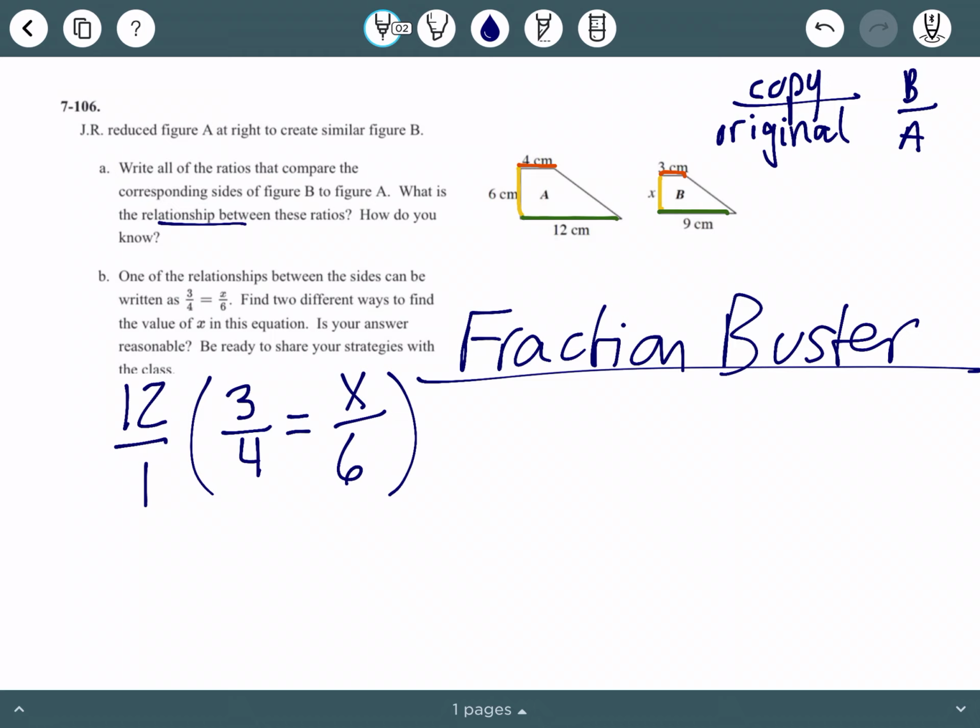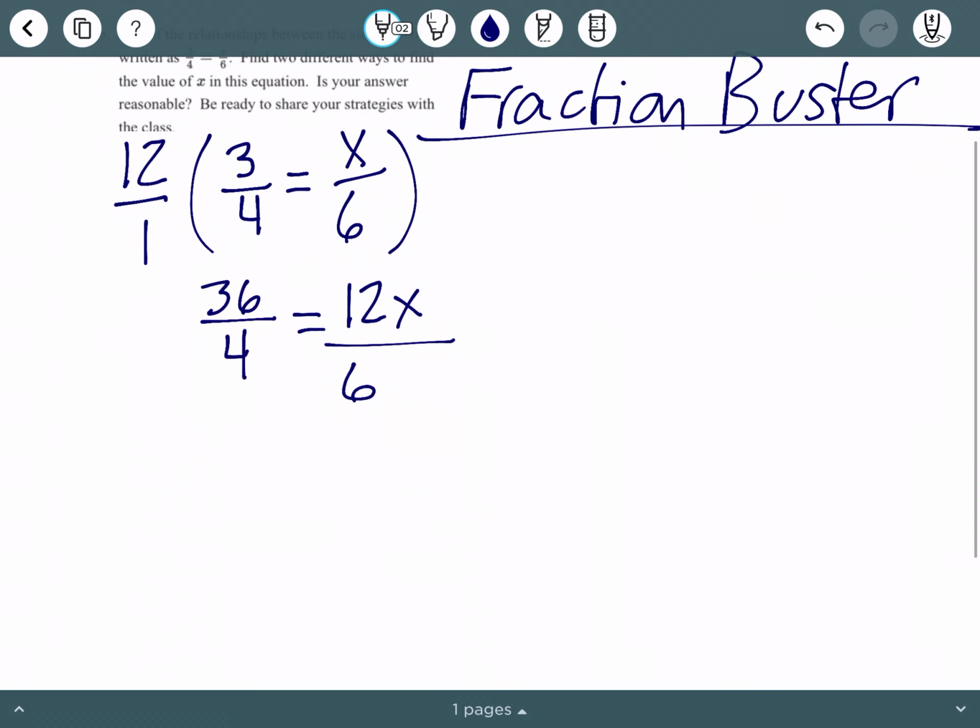All right, let's go ahead and do this. So 12 times 3 gives me 36. 1 times 4 gives me 4. Set that equal to 12 times x gives me 12x. And 1 times 6 gives me 6. Now, do remember that that fraction bar means the same thing as division.